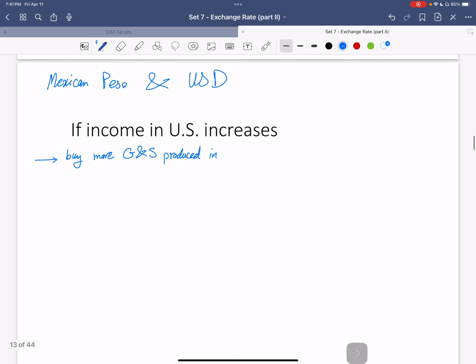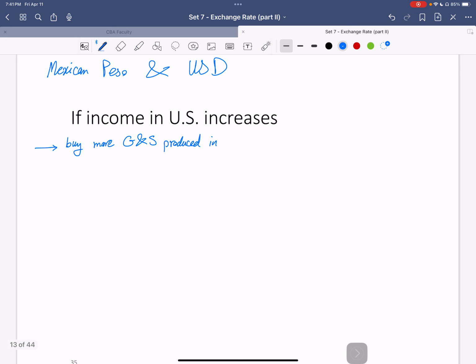In the previous example, we were looking at euros and dollars. Here, let's look at Mexican peso and US dollar. So you will see that we can just generalize all those topics in different contexts, different currencies. Now, if the income in the US increases, we're gonna buy more goods and services produced in Mexico.